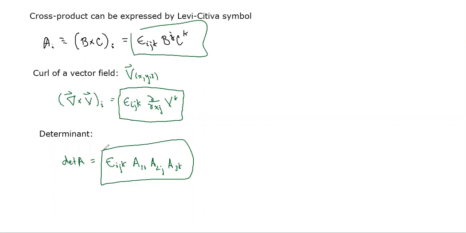Because it expresses the cross product, do you think this is going to transform like a good rank 3 tensor should? No. So it turns out to be a near miss.